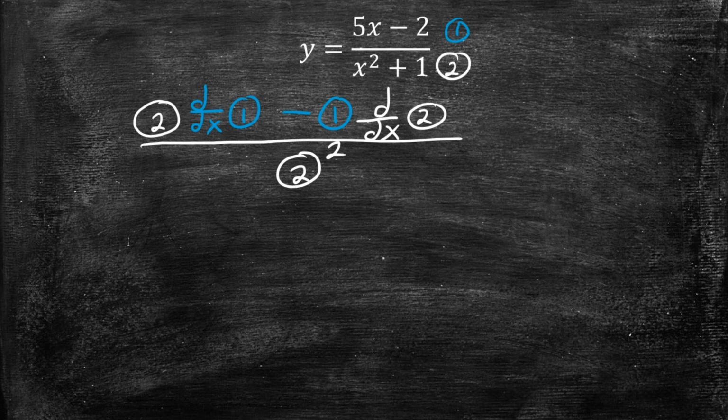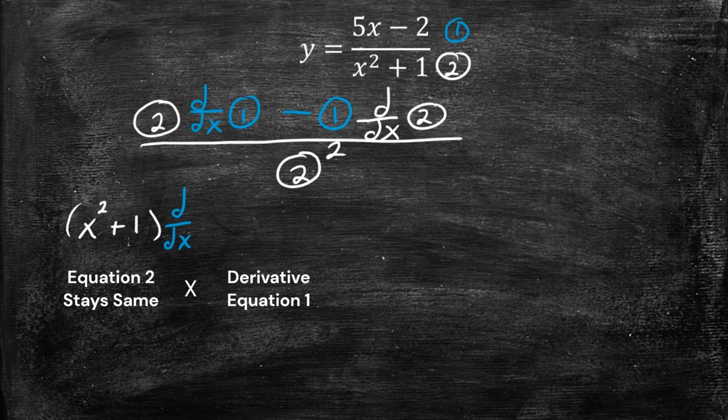Okay, so let's go ahead and set this problem up. What we're going to have is equation number 2, which is the denominator here. So it's x squared plus 1 times the derivative of equation number 1. So d over dx of 5x minus 2.